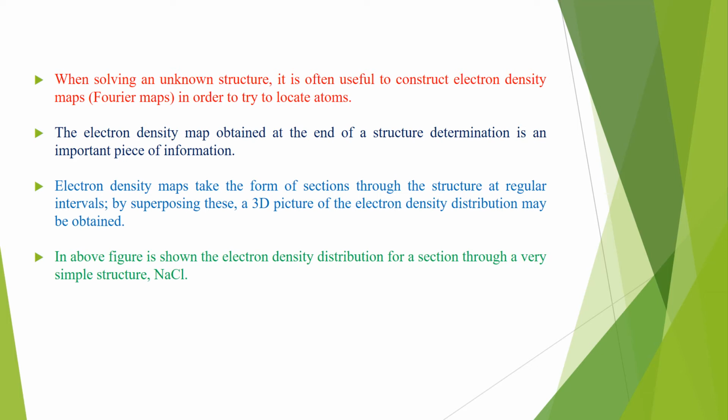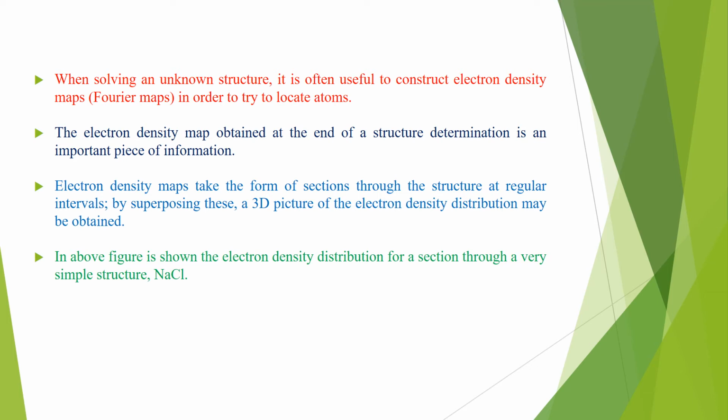Electron density maps take the form of sections through the structure at regular intervals. By superposing these, a 3D picture of the electron density distribution may be obtained.